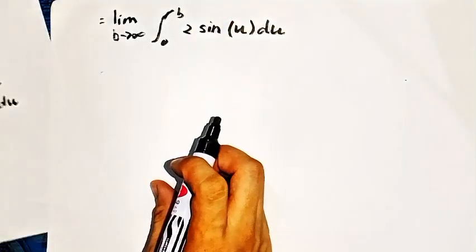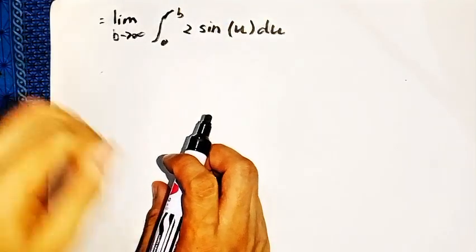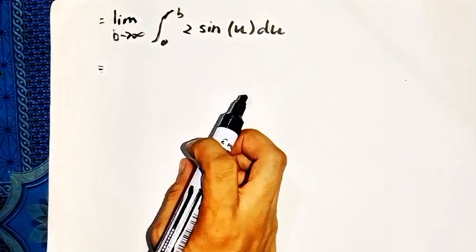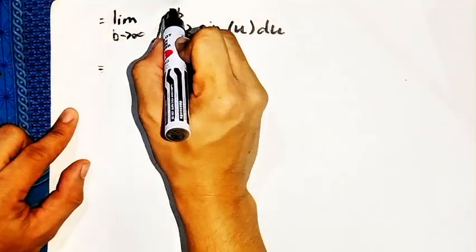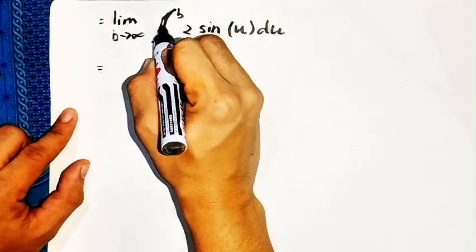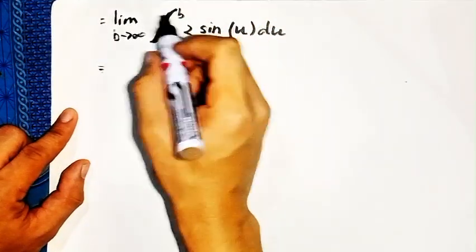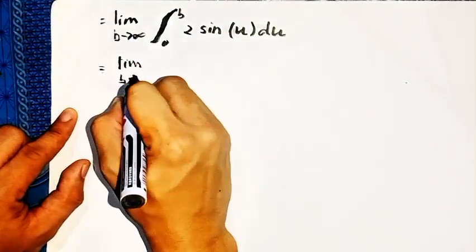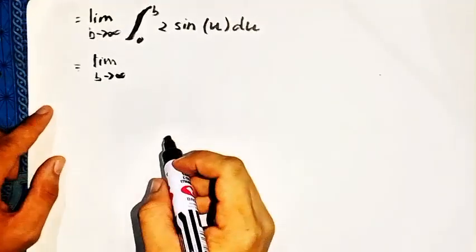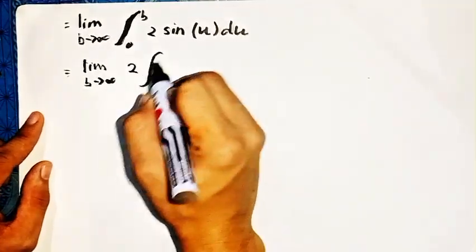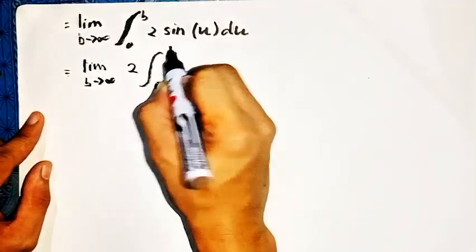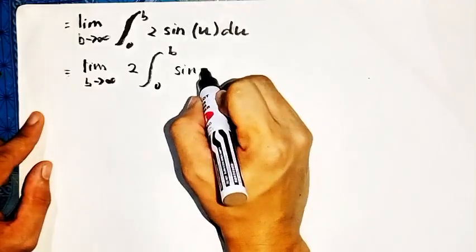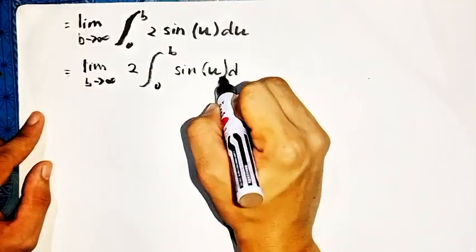Now, since we already copied, let's continue. Let's integrate. But before we integrate, let's put the constant outside the integral. So limit b approaches infinity, 2, integral from 0 to b, sine u du.